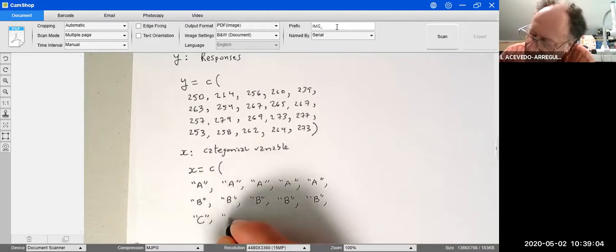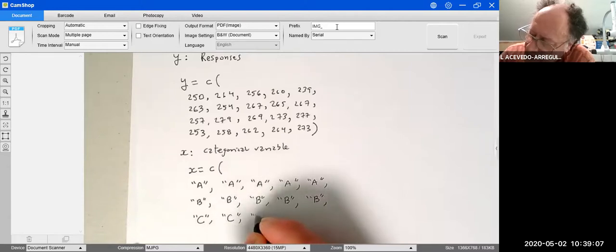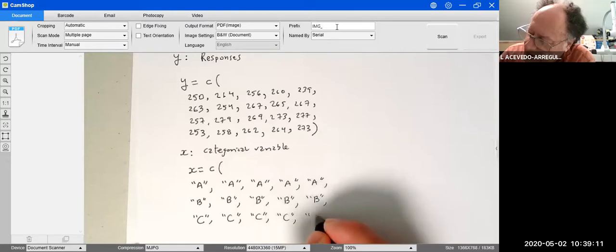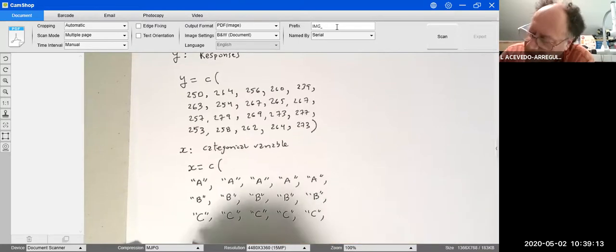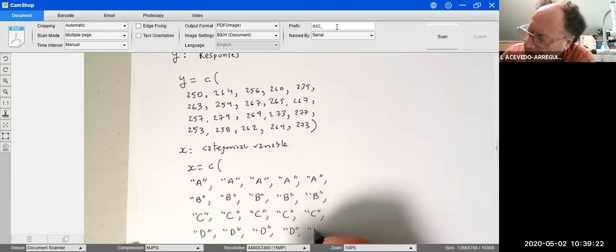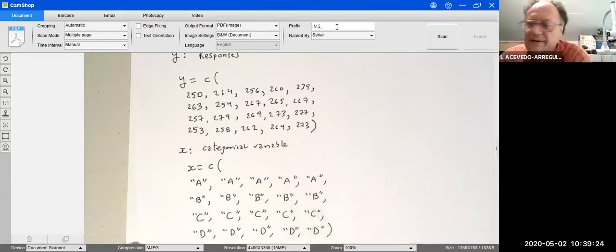So then you have values that correspond to category C. So quotation marks are very important for our values. Finally, the last one is D. And we finish with another parenthesis.